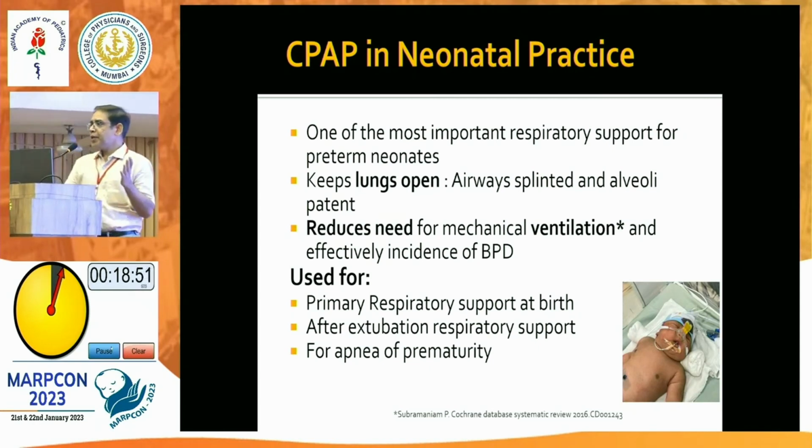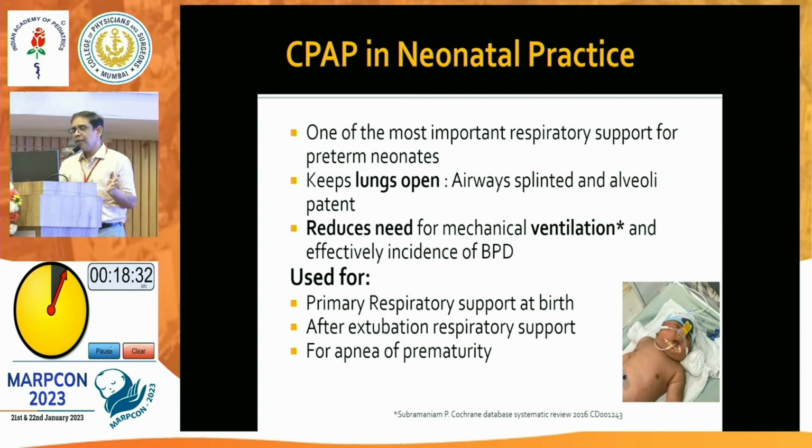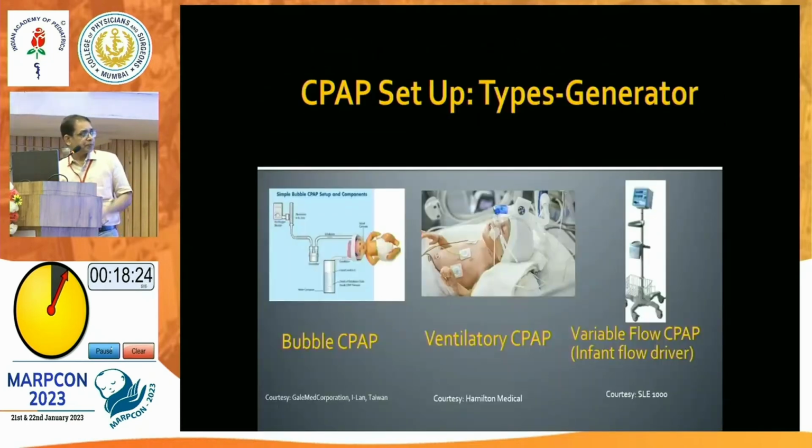So in a preterm baby, it is used for treatment of hyaline membrane disease, after extubation from mechanical ventilation as a respiratory support, and for treating apnea of prematurity. CPAP helps in prevention of mainly the obstructive part of apnea of prematurity, whereas caffeine is important for preventing the central component of apnea of prematurity.